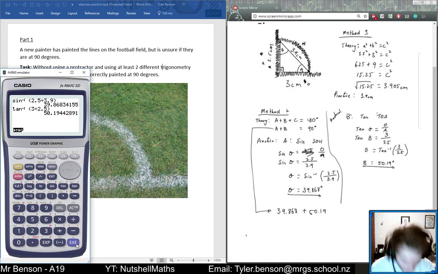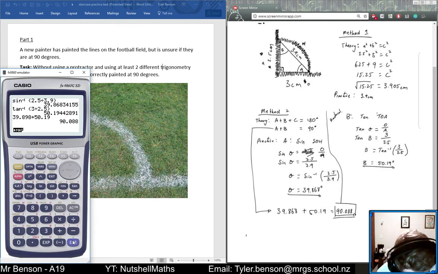Now we're aiming that this has got to be 90. Let's hope so. If it's not, then it doesn't matter, it just means our triangle's not 90, it was not a right angle triangle. So when I do this maths, boom, that equals 90.088.